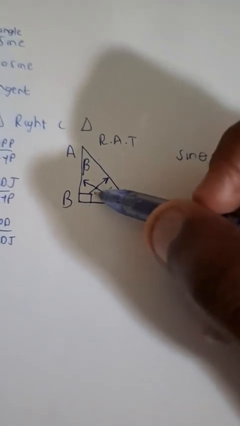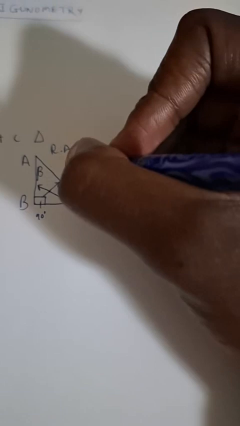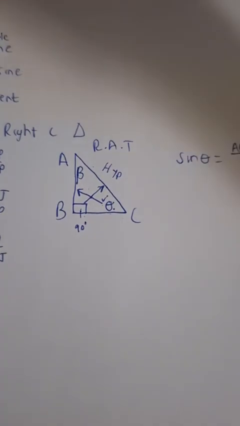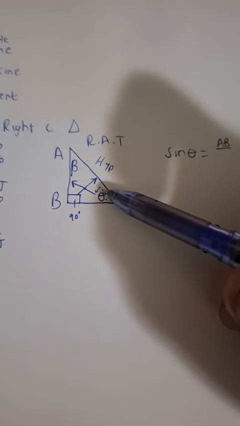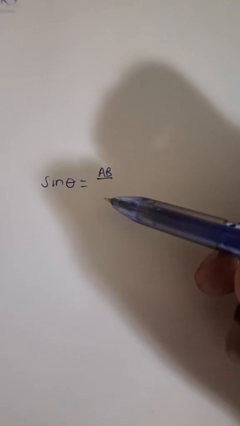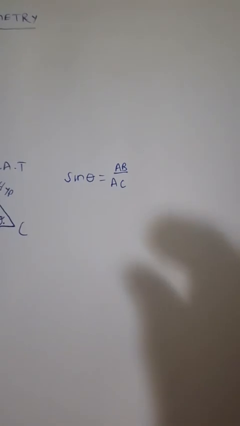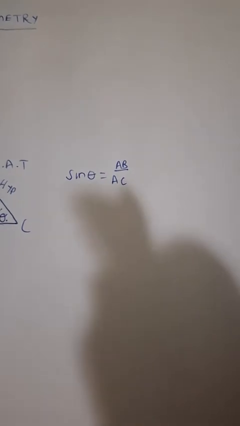So the 90 degrees that we have here is always opposite the hypotenuse side. The hypotenuse is also referred to as the longest side of a right angle triangle. So we would say, therefore, sine theta is AB, because AB is the opposite side to the angle theta, over the hypotenuse side, which is AC. I hope you guys understand this.